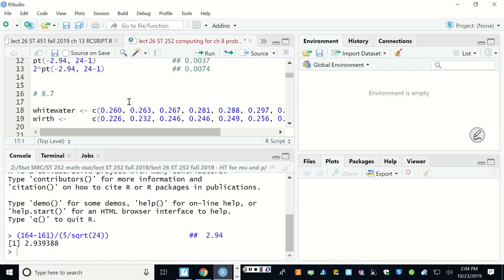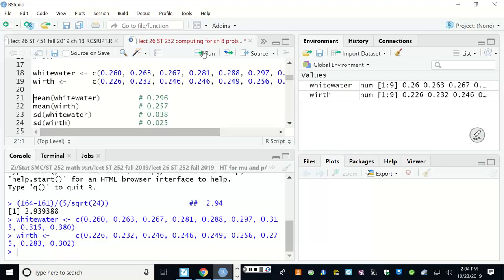So in R, you can enter the data, setting up this vector here. Whitewater and Worth are the two lakes. Each is just a string of numbers, and they show up here as data.